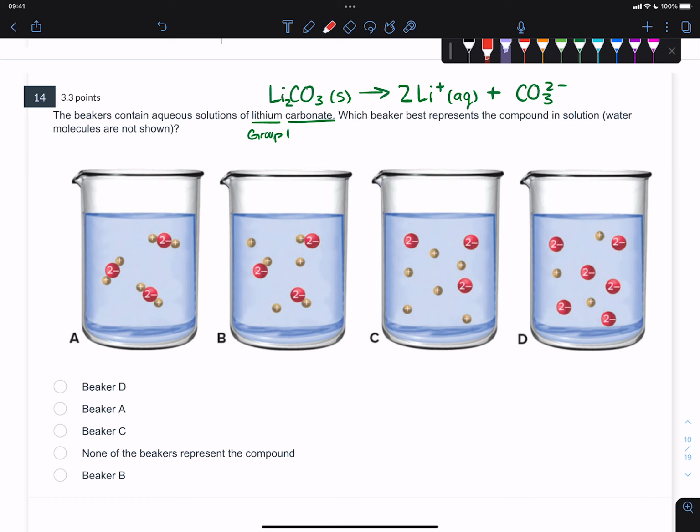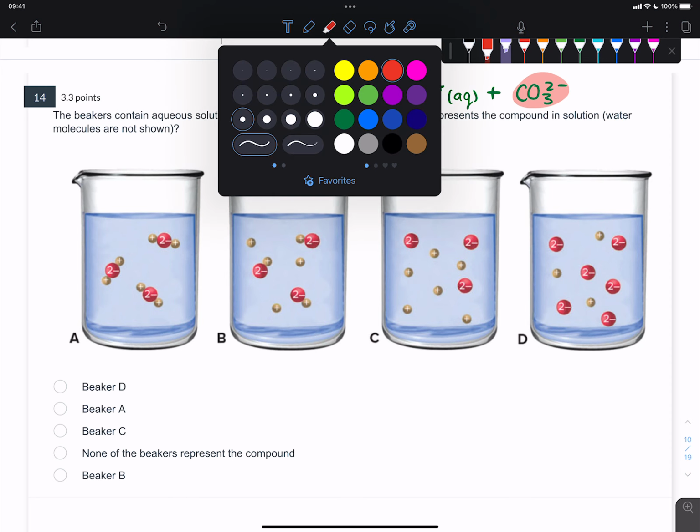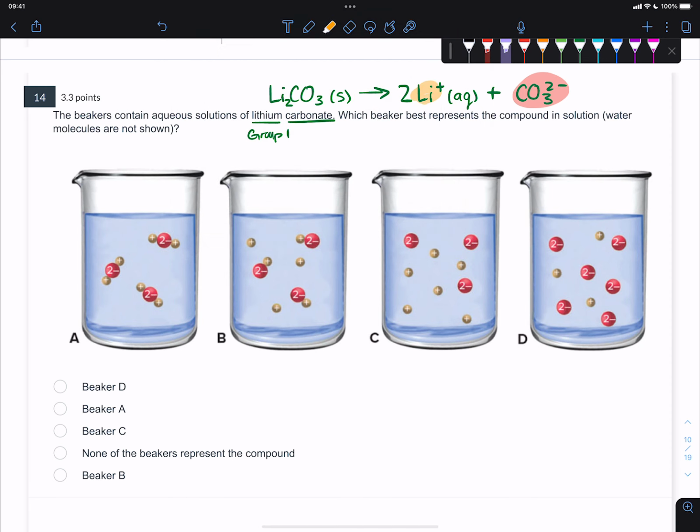So color coding this, the carbonate ion is going to be red in all of these. And then the lithium ion, they're using like this orangey brown color for those. Looking at your ions, think about the fact that you will have 2 lithium ions for every 1 carbonate ion, right? Which means that since it completely dissociates, you better have twice as many lithiums as carbonates.